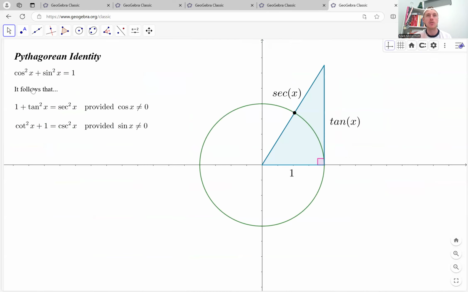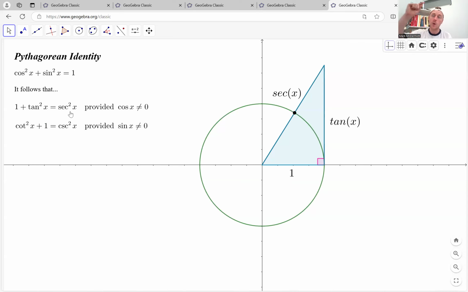And hopefully you can recall from previous learning about regular circular functions that cos squared x plus sine squared x equals 1. That is the Pythagorean identity. That hopefully isn't news to you. But what we can do is incorporate some new information now that we've learnt about reciprocal circular functions. I hope you'd agree that it follows that if we divided everything here by cos squared x, we would get cos squared x divided by cos squared x, which is 1, sine squared x divided by cos squared x, which is tan squared x, and 1 divided by cos squared x.